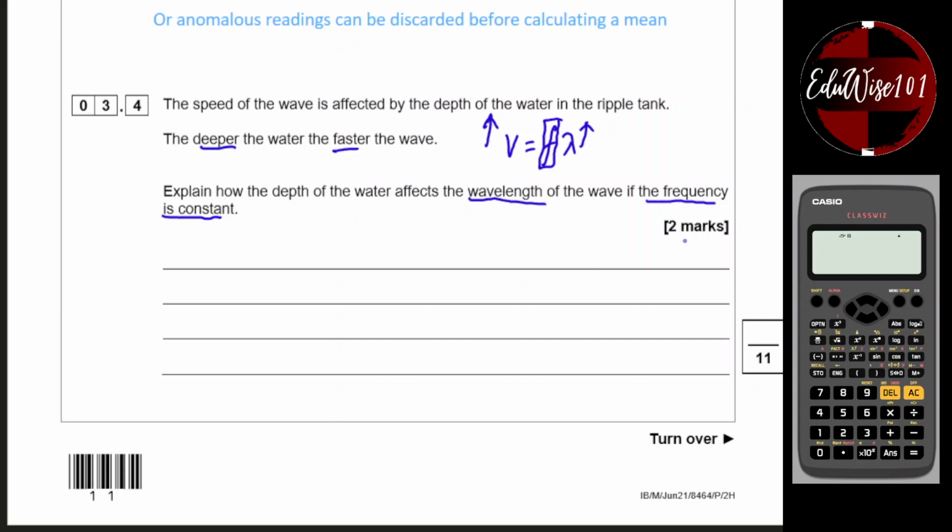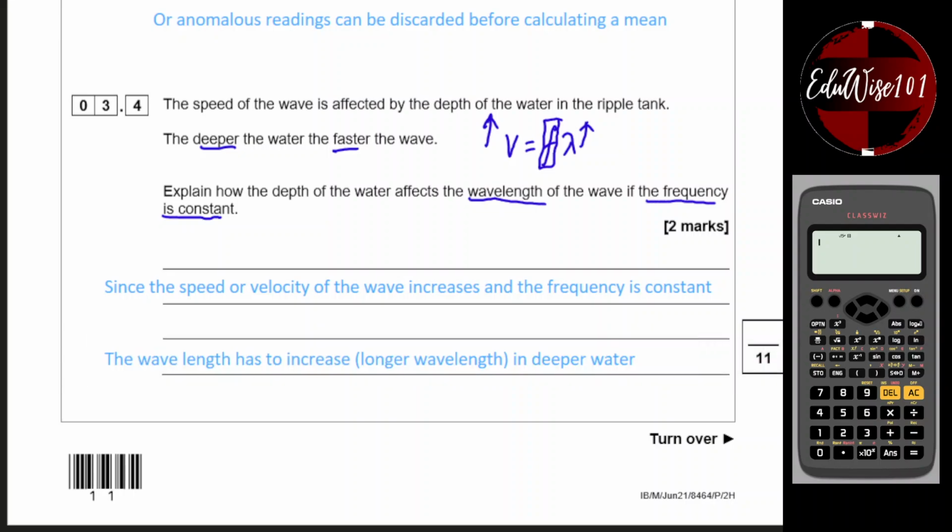So since the velocity of the wave increases and the frequency is constant, the wavelength has to increase, meaning the wavelength has to be longer in deeper water.